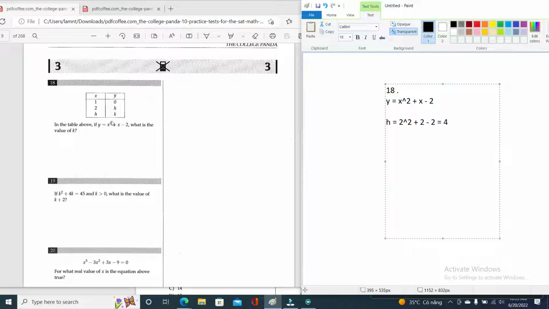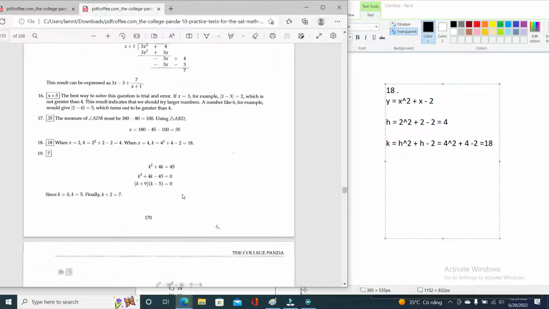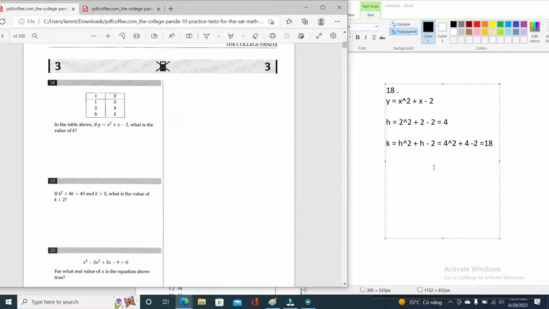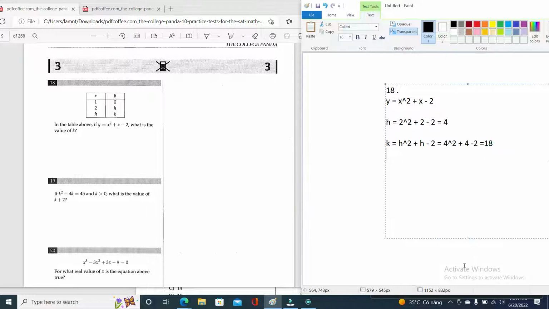So k is h squared plus h minus 2, so that is 4 squared plus 4 minus 2. So that's 18. So k equal to 18. Yeah, so number 18, the answer is 18. Good. Alright.